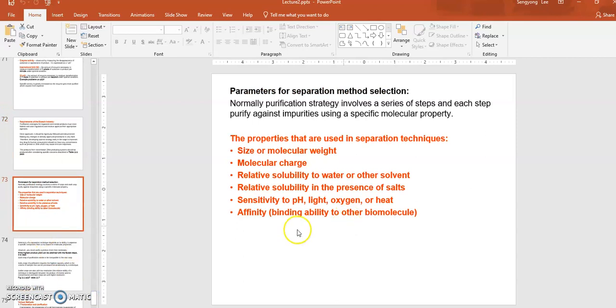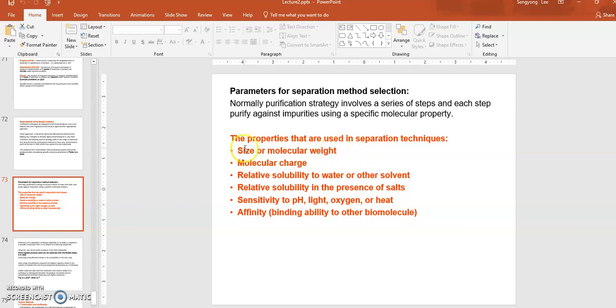And then here's the important part: parameters for separation method selection. When you try to select a good separation method, what things do you need to look for? The properties of the molecule that you are dealing with are the most important part. You can choose a size-based separation method, such as filtration.